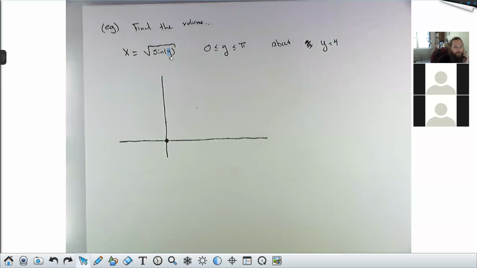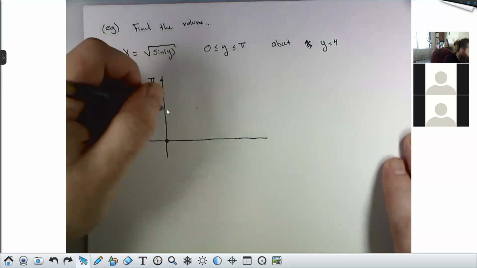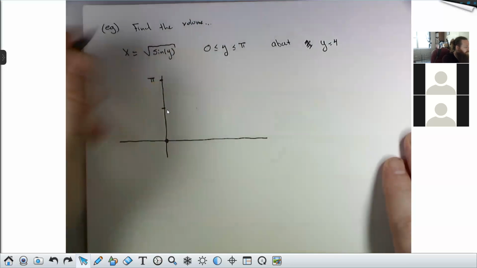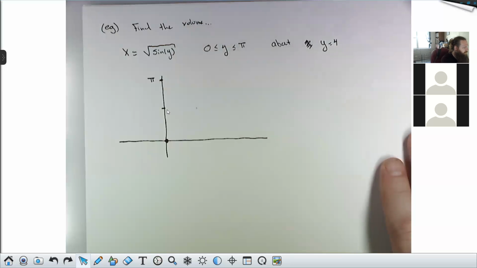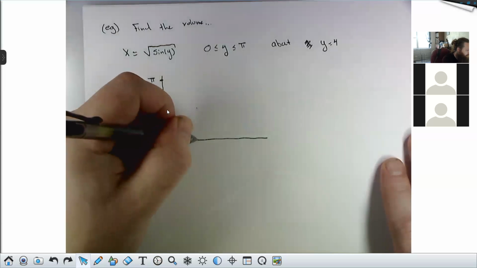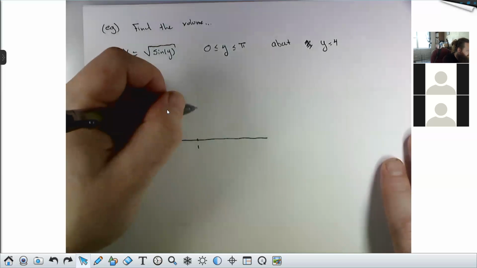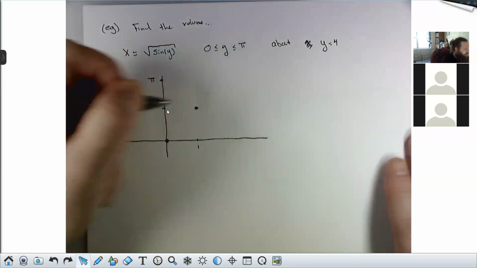When y is equal to pi over 2, the sine of pi over 2 is 1, so this would be the square root of 1, which is 1. So when y is equal to pi over 2, x is equal to 1. Maybe if that's pi, I'll say 1 is here. I'll extend it out a little bit. So we've got this point on the curve.